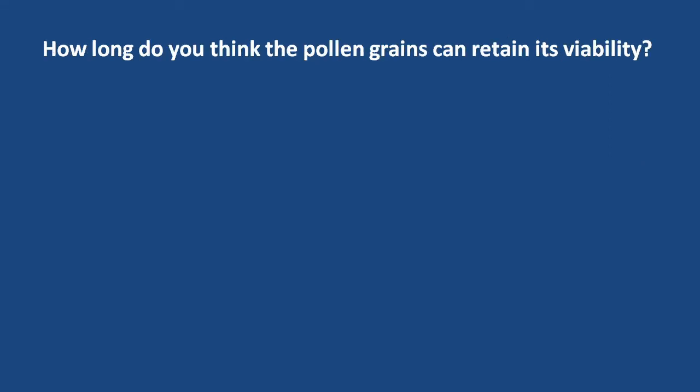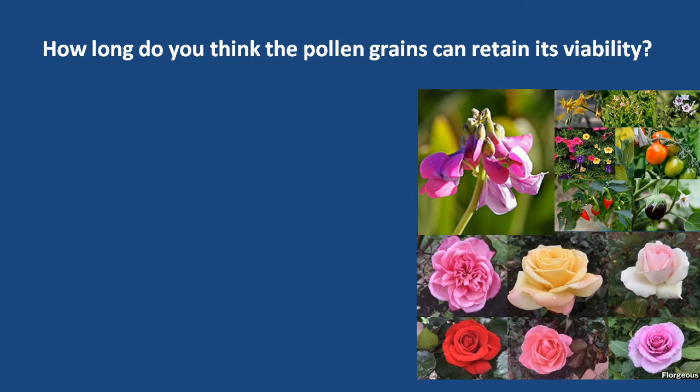So how long do you think the pollen grains can retain their viability? The term viability of pollen grains here refers to existence or survival of pollen grains. So how long can pollen grains survive after their release?